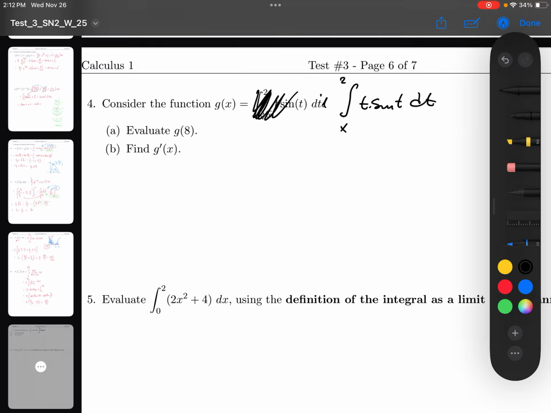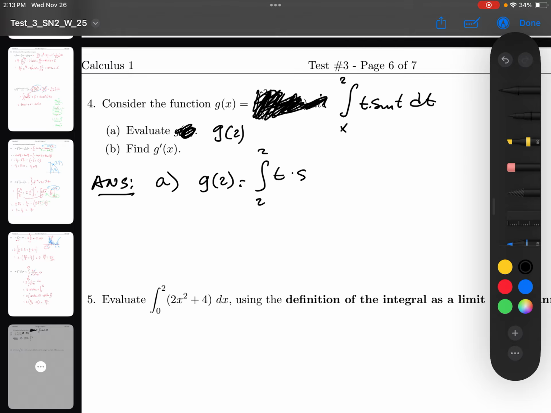Okay, so let's deal with this. And the first question is going to be how much is g of 2? So part A, g of 2 is equal to the definite integral from 2 to 2 of t times sine of t dt, but from properties of definite integrals, we know that this is just 0.